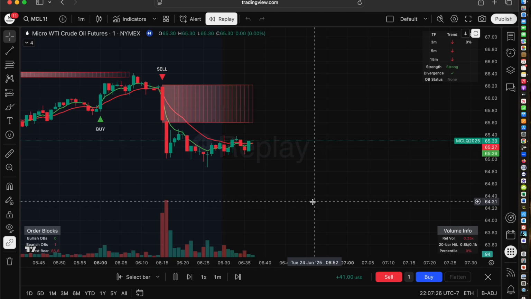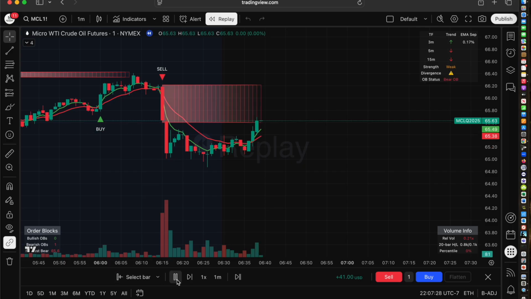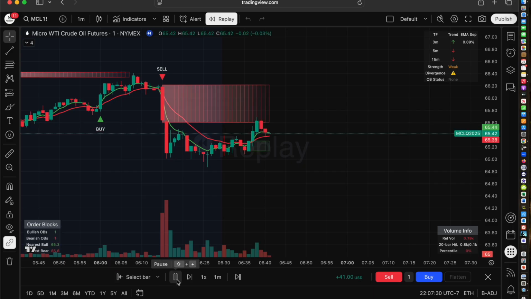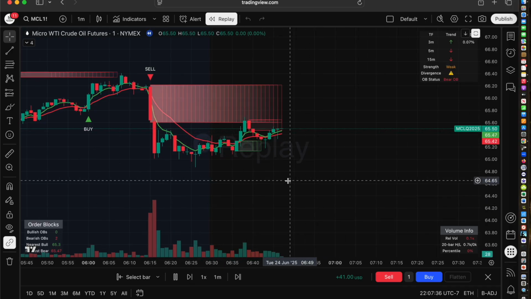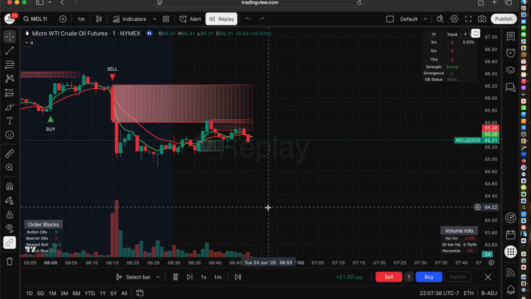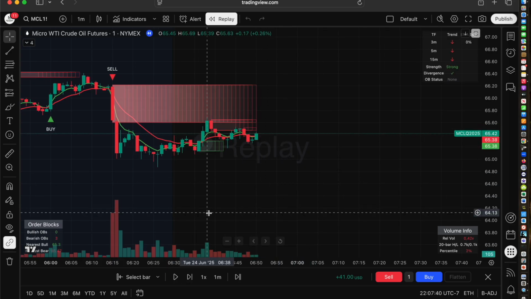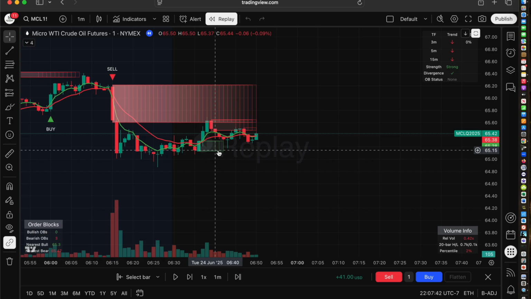So again, we're trading Micro Crude Oil Futures. So here's another order block, this is our bullish order block, and that's our bearish.